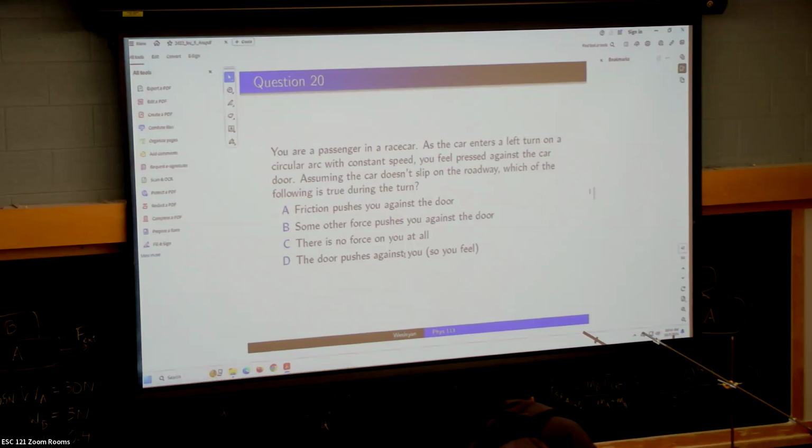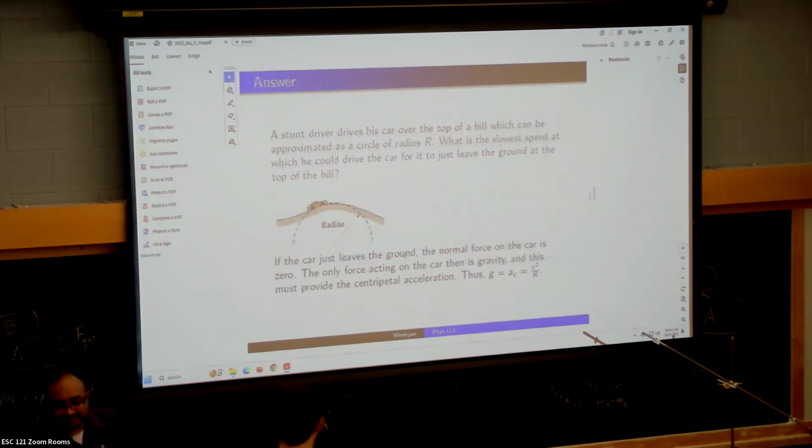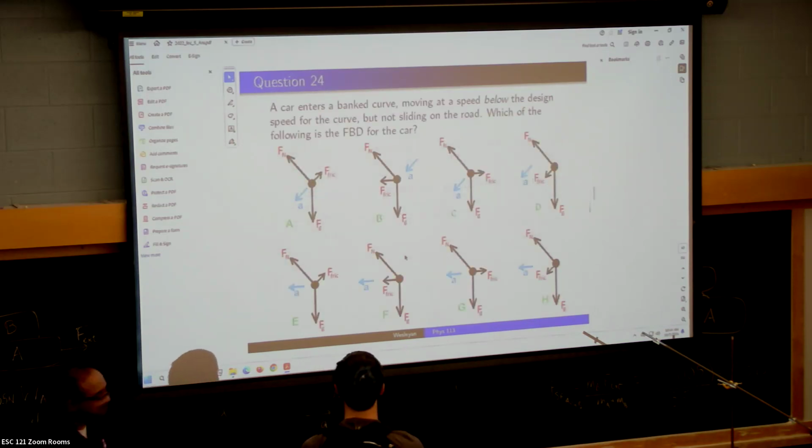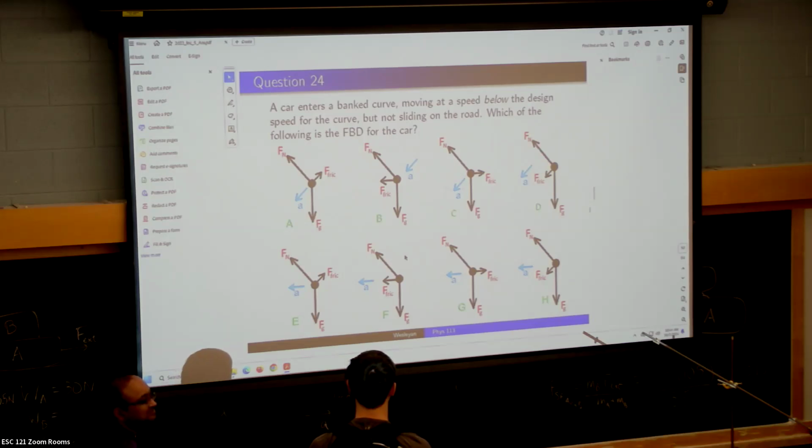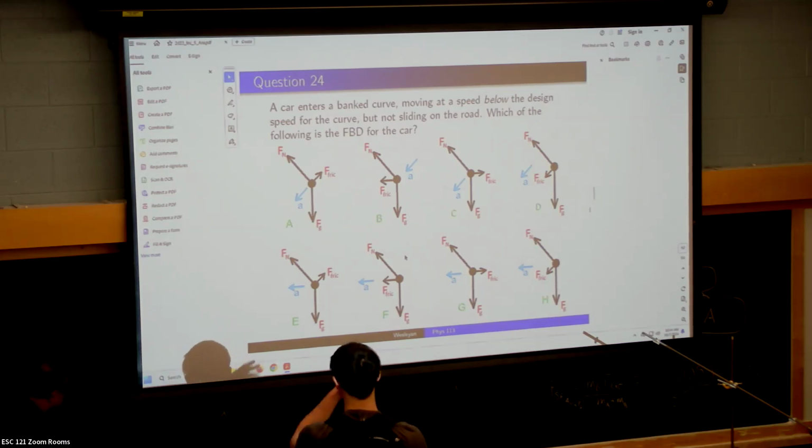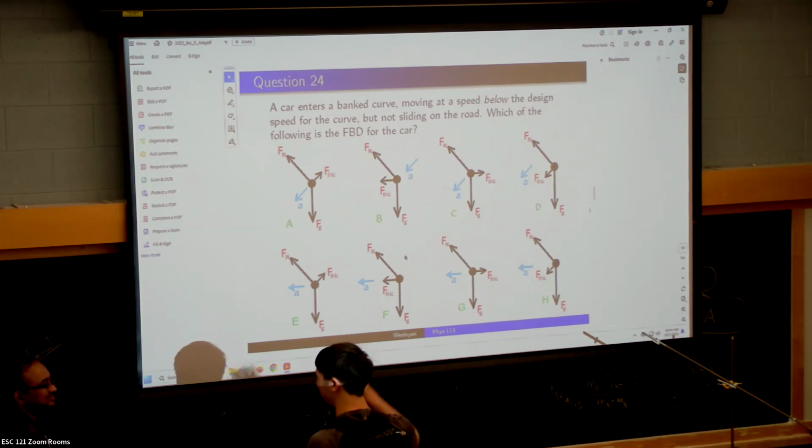Can I look at the last one? It does help if you draw a picture. I think friction is going this way, from the scenario where you send something on a banked curve and it's going fast enough that it will rise.